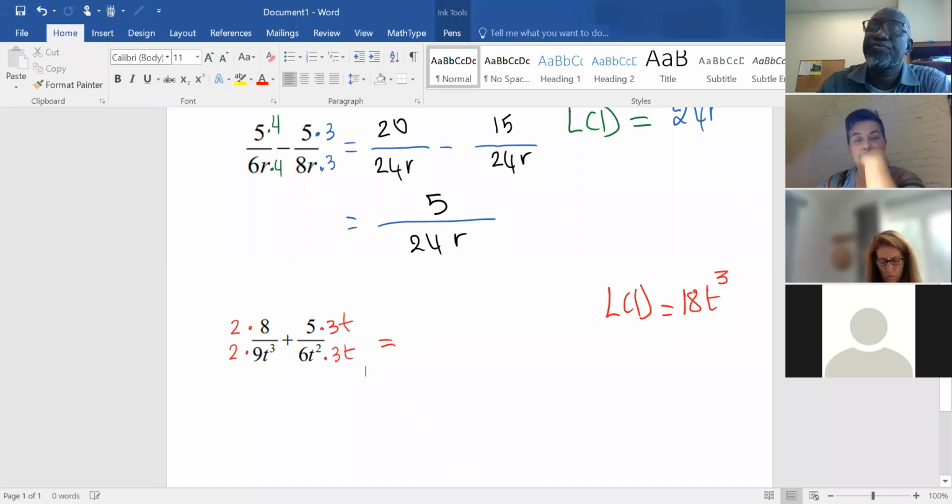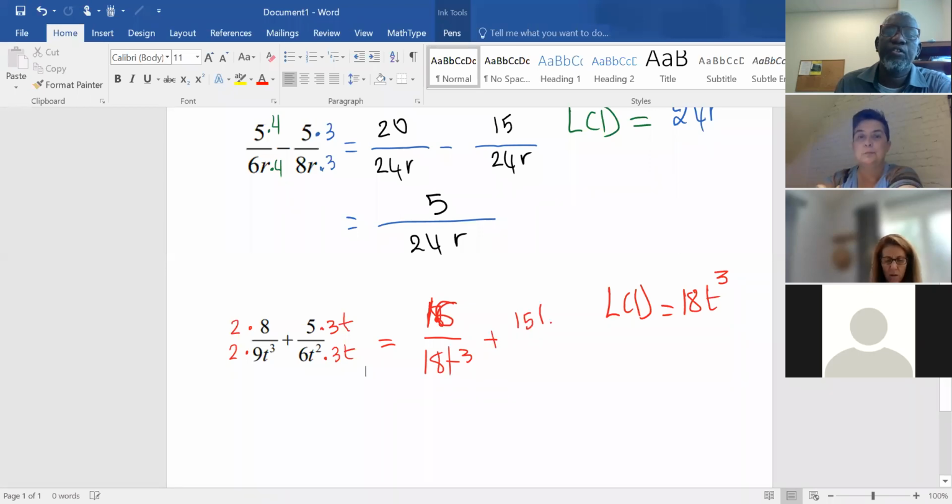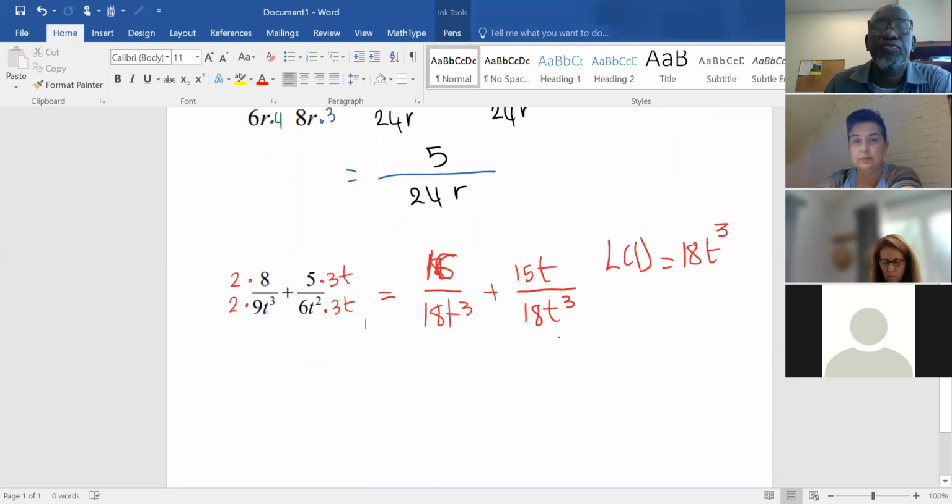Everybody agree with that? It's going to be 18 over 18t cubed, 16 over 18t cubed plus 15t over 18t cubed, right?